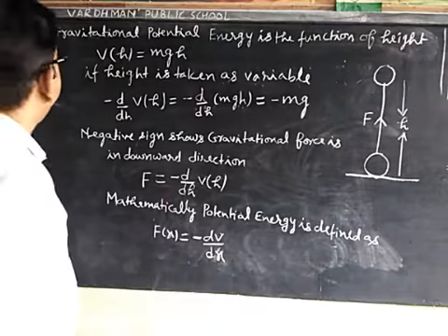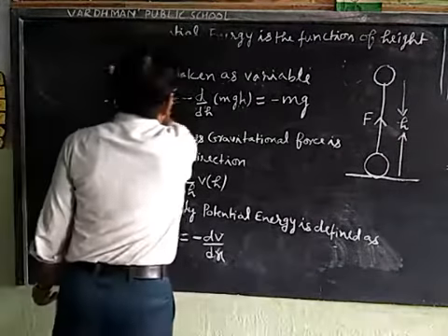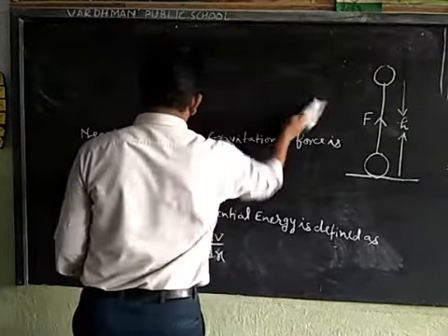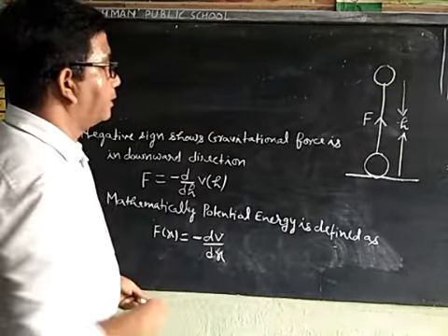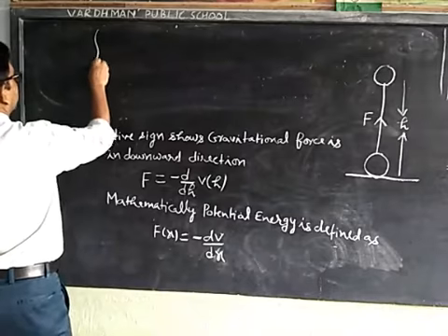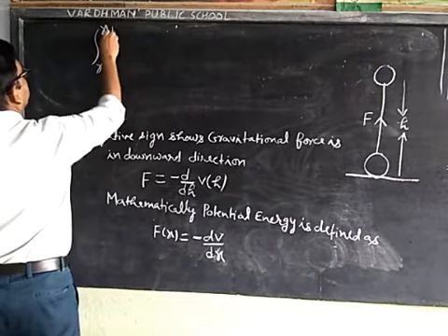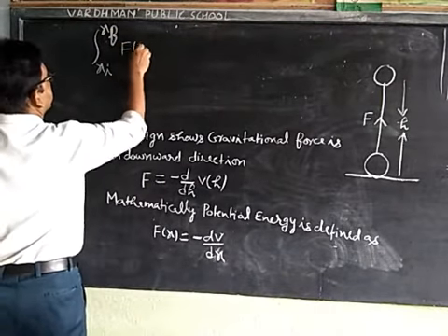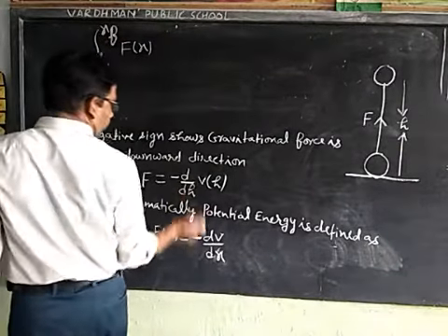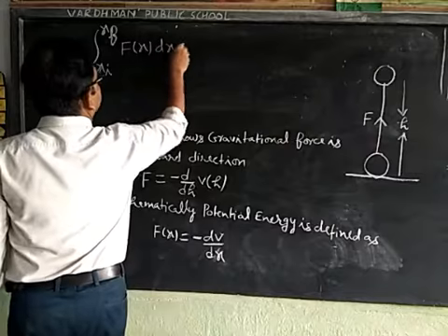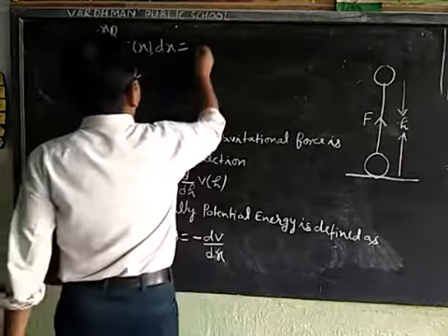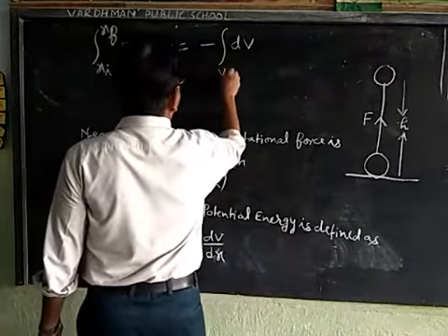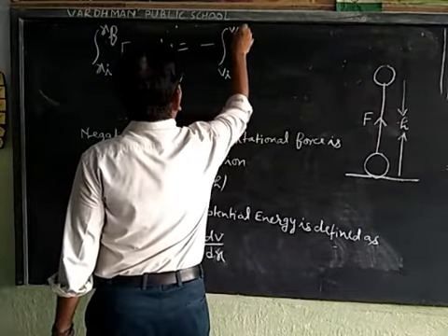Now we will integrate this and cross multiply by dx, that is, the integral from xi to xf of Fx dx is equal to minus the integral of dV from Vi to Vf.